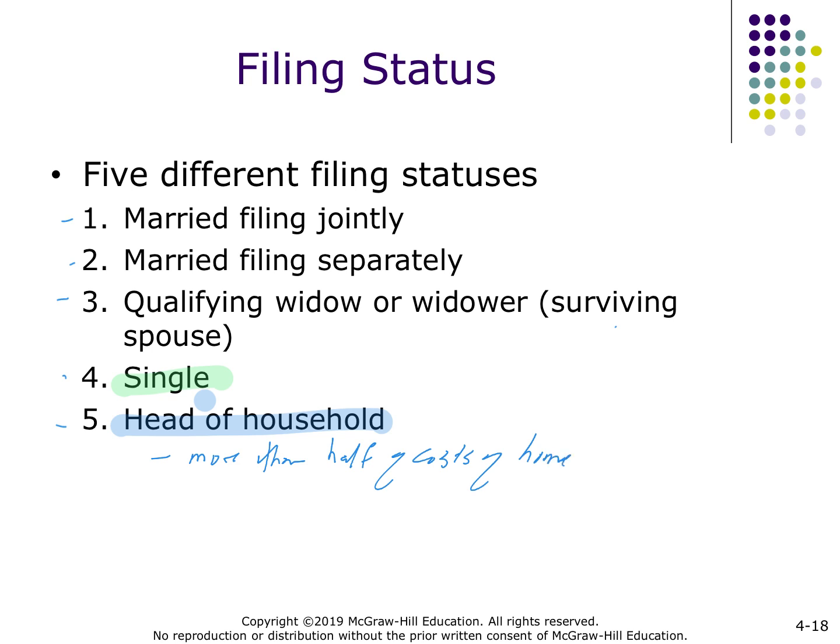Okay, cost of keeping up a home during the year. And you have to have lived with and provided a home for a qualifying person for more than half of the year.